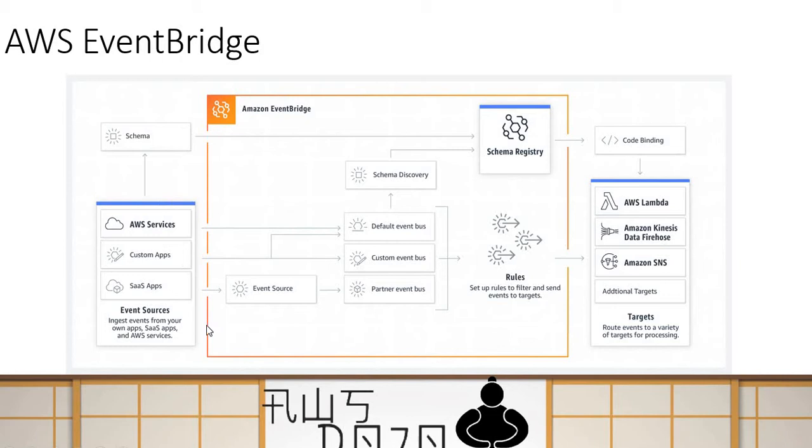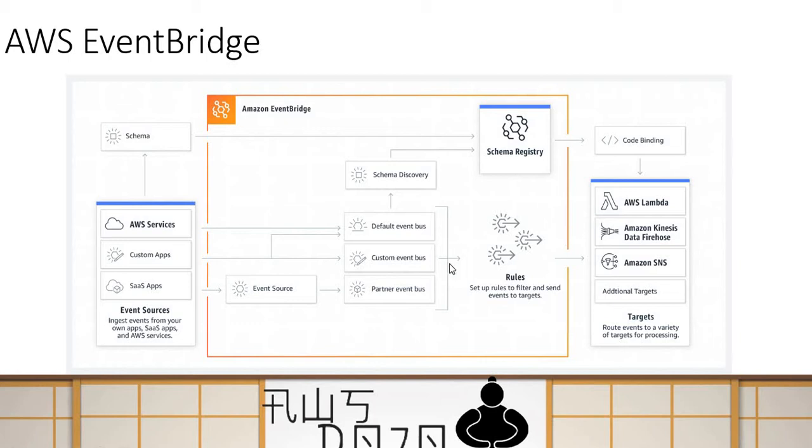These sources publish their event messages to the event bus, and then you create various rules on the event bus in order to process the messages using a certain set of targets. These messages can be processed based on a schedule, or based on a pub-sub model, on the occurrence of the event publishing.